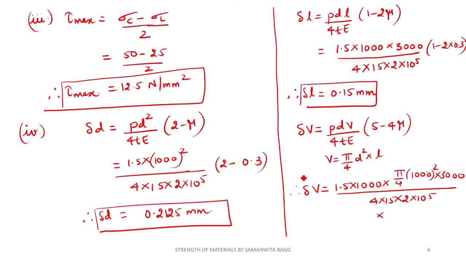And this whole term will be multiplied with 5 minus 4 into 0.3. On solving this, I get the value of volume as 1.119 into 10 raised to 6 mm cube. This is change in volume.